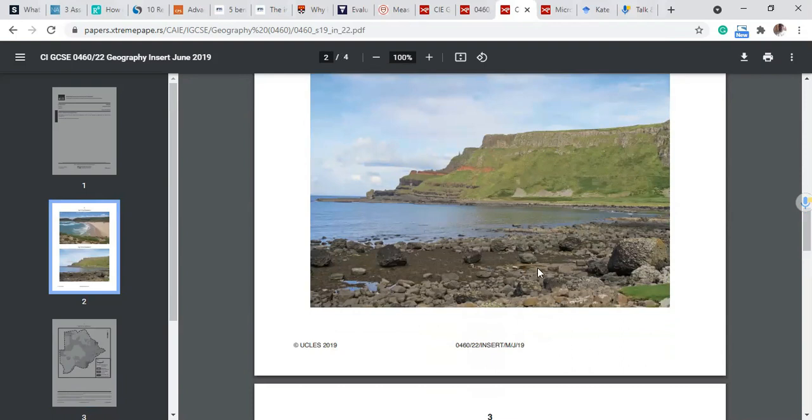Here is a wave cut platform, and it has some rocks on it. You see the rocks, boulders. There are some boulders here, and some tiny rocks, smaller rocks, screes. Screes are formed when weathering takes place on a cliff and the weathered rocks fall to the base.